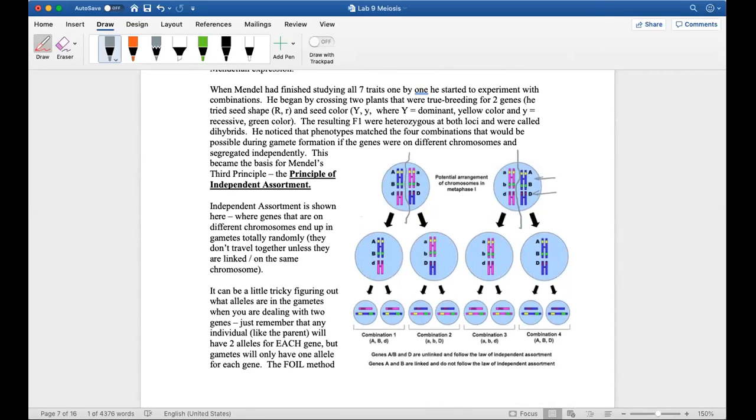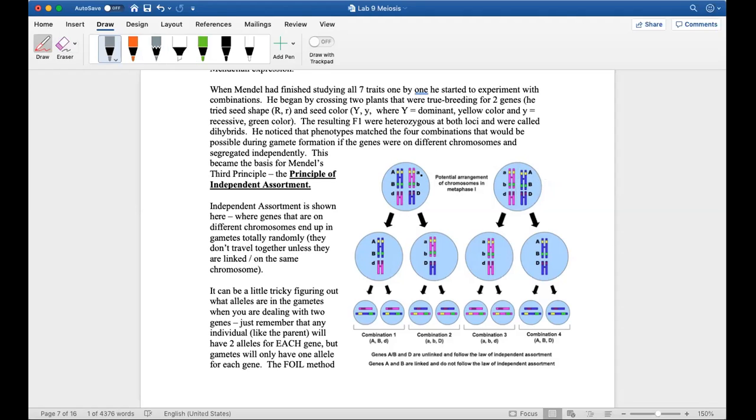Okay, so here we are in your lab sheet. So we have a cell, and let's look at the cell. In this scenario, I've given you 2 chromosomes, not just 1. And notice that on these 2 chromosomes, we have some different genes.